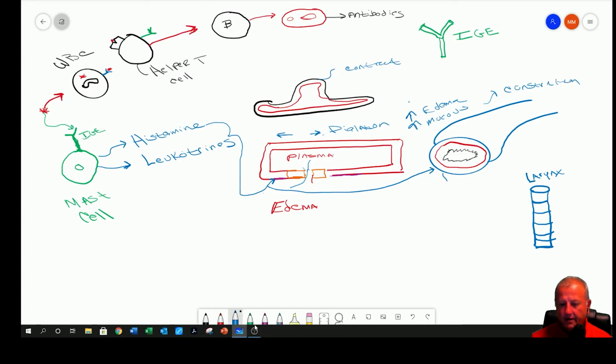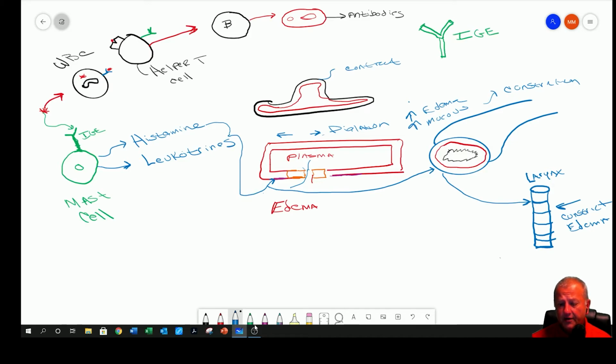Not only that, let's come over here to the upper airway around the larynx, and also just below the larynx. These guys are going to constrict. We're going to have edema. This is known as angioedema.